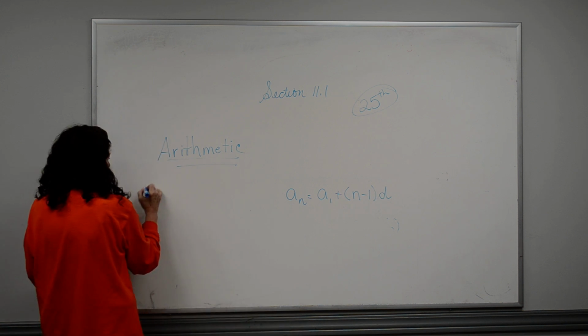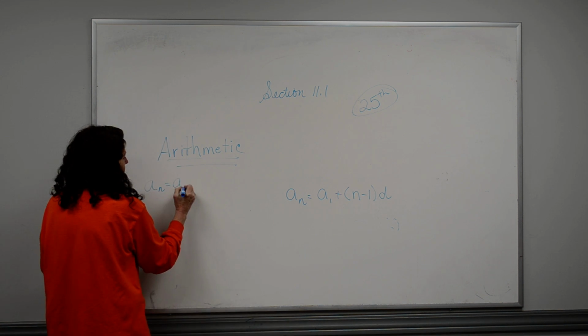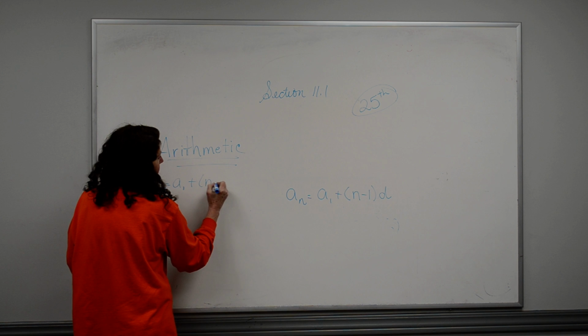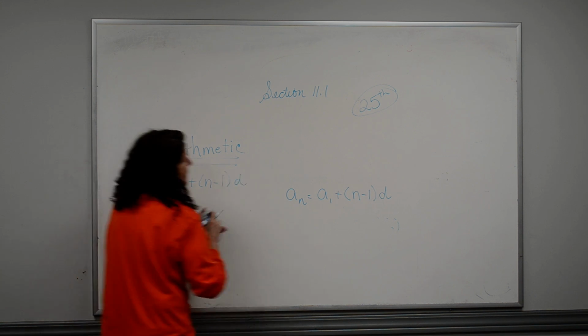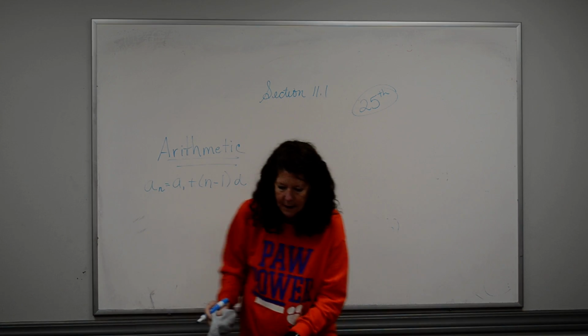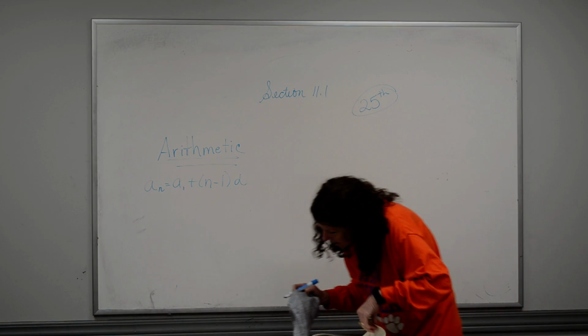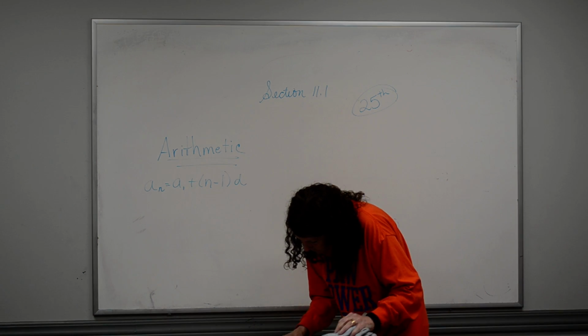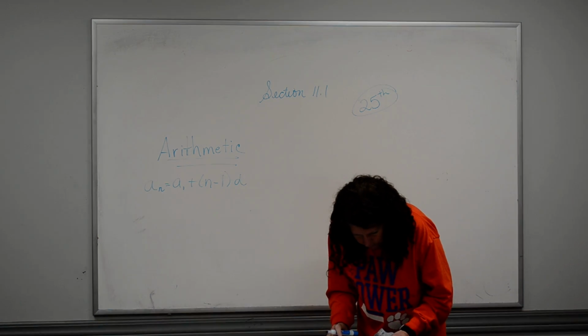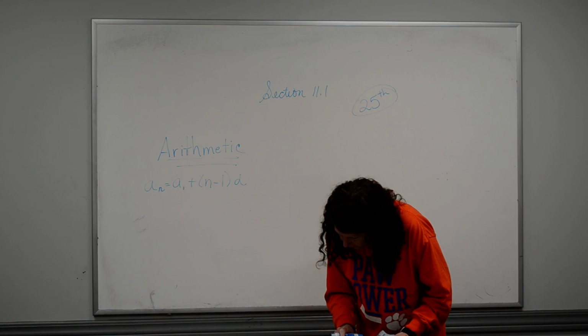Okay, so here's my equation: a sub n is equal to a sub 1 plus n minus 1 times d. Okay, so let's say they give me a sequence and they say, let's see, find one where we're supposed to find a later term.